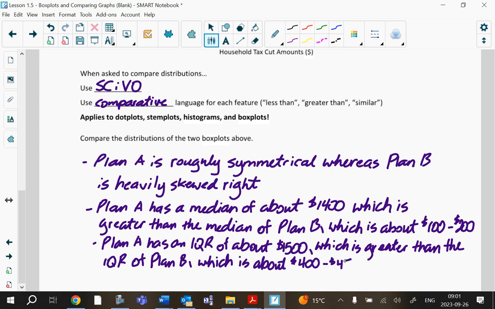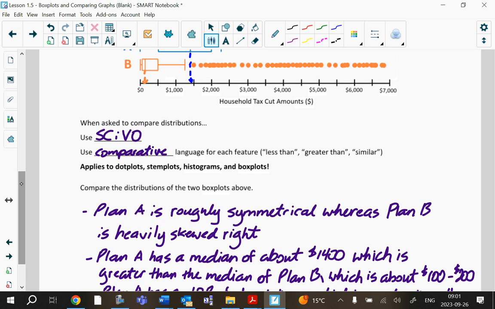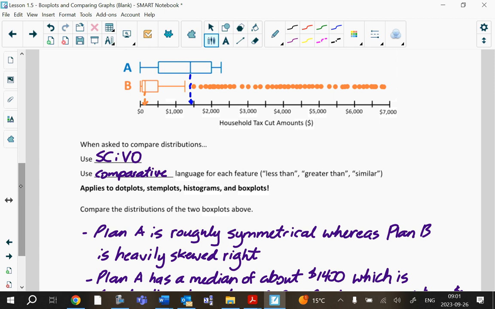I'm running out of space, so I'm going to have to write the outliers up here. This is a new, updated program. It doesn't allow me to extend the page anymore. Not cool. Outliers. You don't have to be specific with outliers. Otherwise, you're going to be writing numbers for a long, long time.